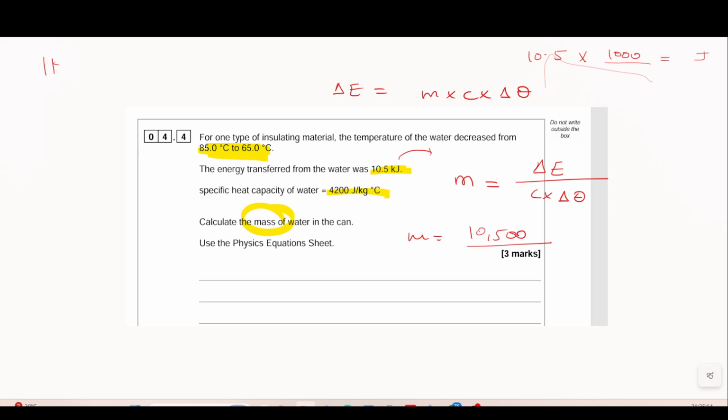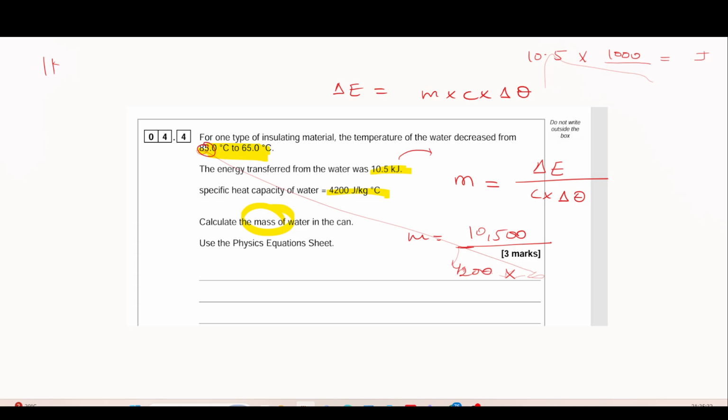So 10,500 divided by 4,200 times 20 degrees.